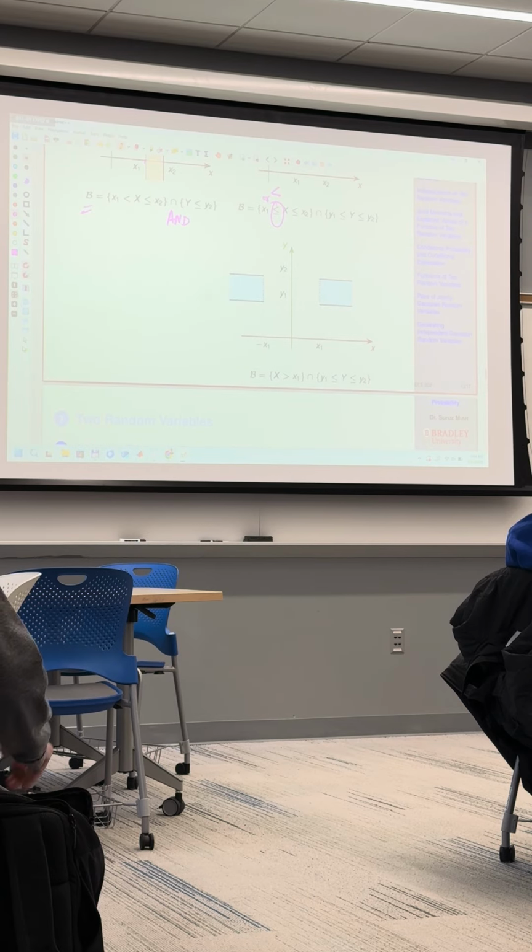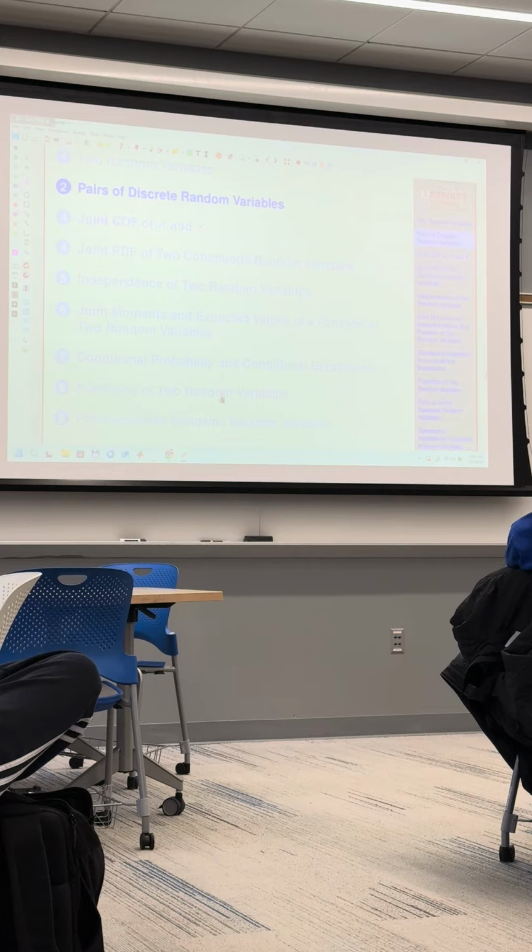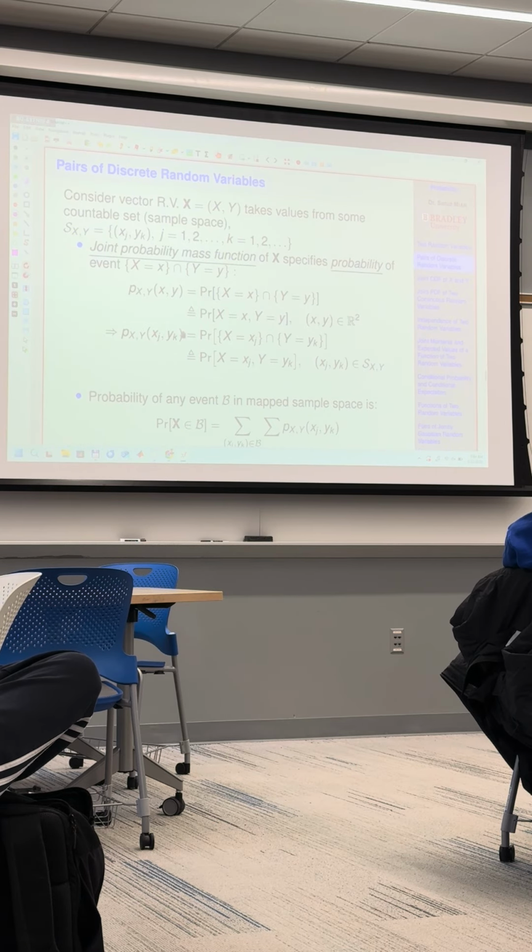So y values are bounded, but x values are bounded from a certain area. That's why this is your event B. So you have different types of events. So that's how you visually know how event B is represented.